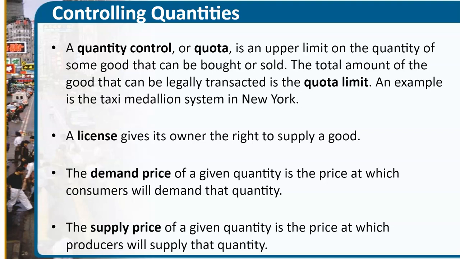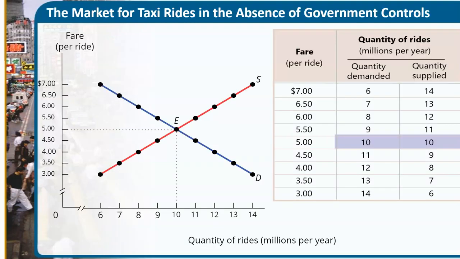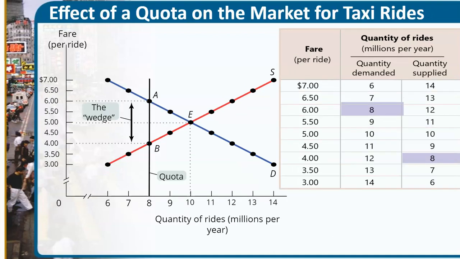The idea here is that the demand price is going to be what a consumer would demand at that particular quantity, and the supply price is going to be what the producers were able to supply at that particular quantity. Now, what we see here is in the free market, again, a $5 cab ride. We have 10 million rides demanded, 10 million rides supplied, and when a quota is imposed, notice the wedge that is created.